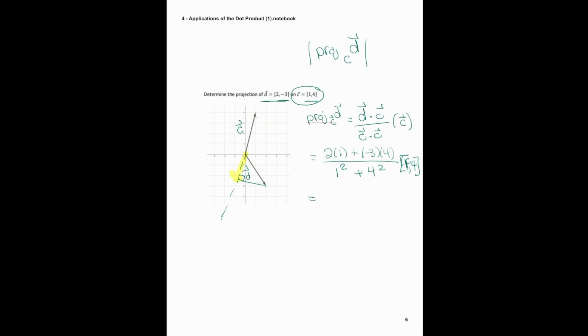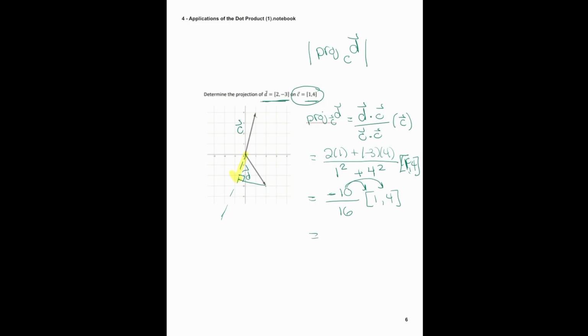So on the top, I have 2 plus negative 12. So that gives me negative 10 on the top. 1 squared plus 4 squared is just equal to 16. And now this is in relation to 1, 4. So now we can distribute this in to get the actual value of the tip of this projection.